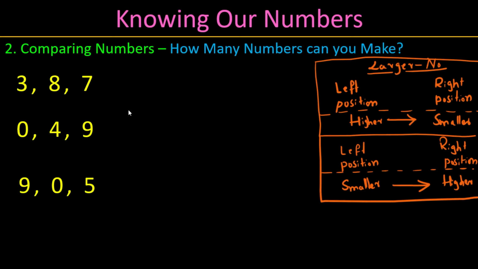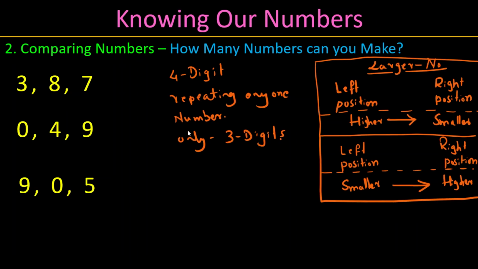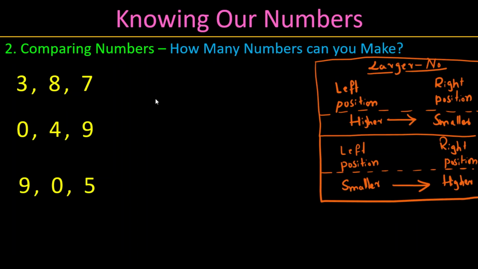Now we have another exercise here. We need to make a 4-digit number from 3 digits. We want to make a 4-digit number by repeating any one number. We have only 3 digits. So let's start now. We need to make the largest number first.